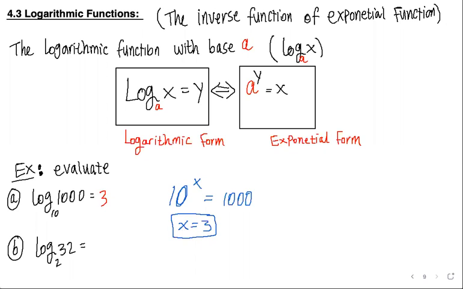For the second one, 2 to which power gives me 32? 5. Exactly, so here the answer is 5. Why? Because it's the same idea: 2 to which power gives me 32?